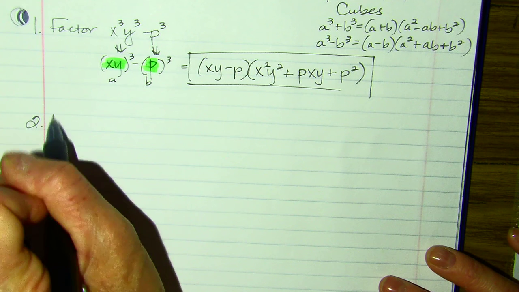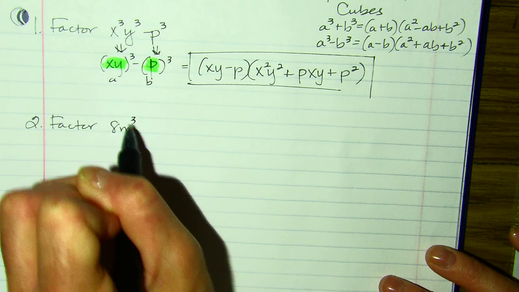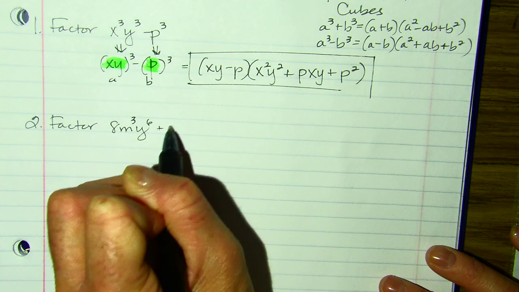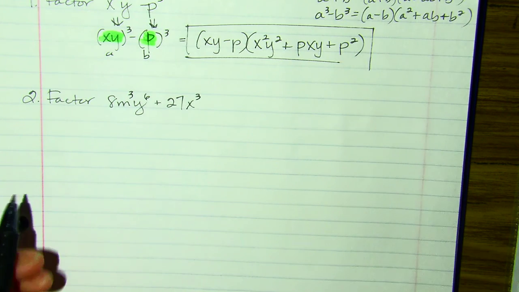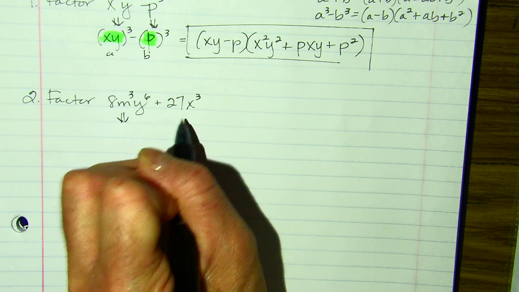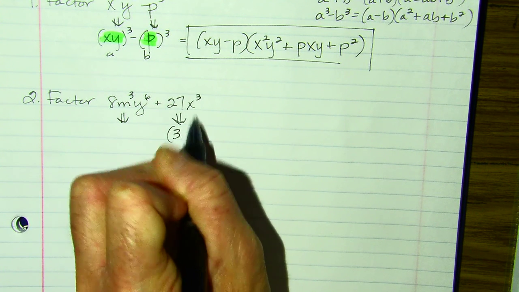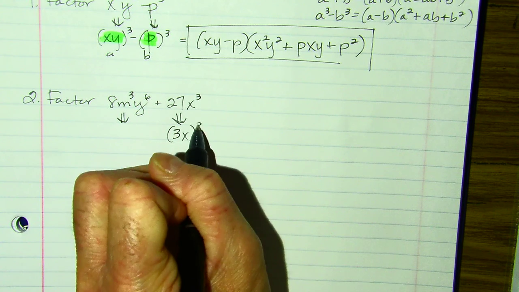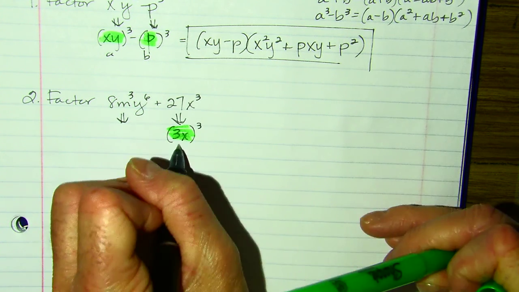Next one, factor 8m cubed y to the 6th plus 27x cubed. So I'm going to identify what these terms are cubed. 27 is 3 cubed and x cubed is x. So there's my b.